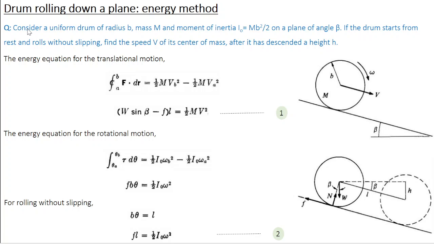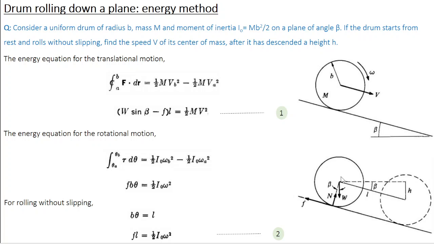So the problem goes like this. Consider a uniform drum of radius b, mass m, and moment of inertia I naught equal to m b square by 2 on a plane which is inclined at an angle beta. If the drum starts from rest and rolls without slipping, find the velocity v of its center of mass after it has descended a height h.